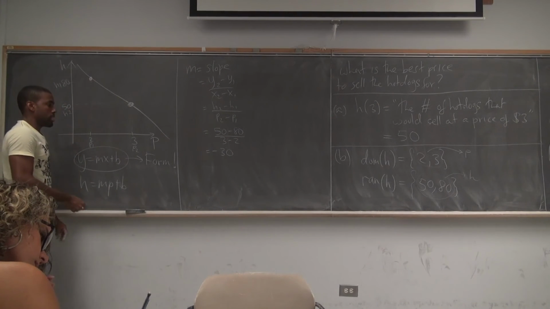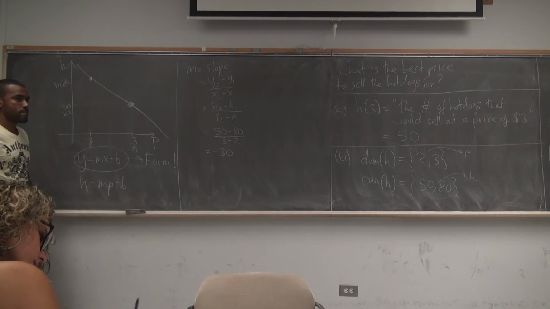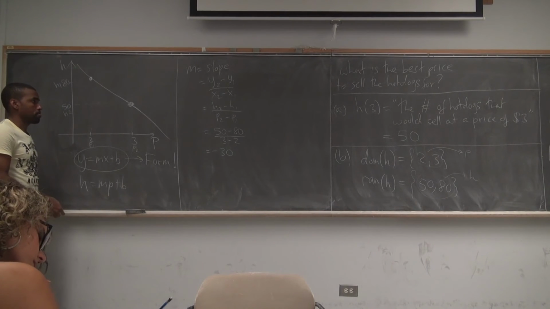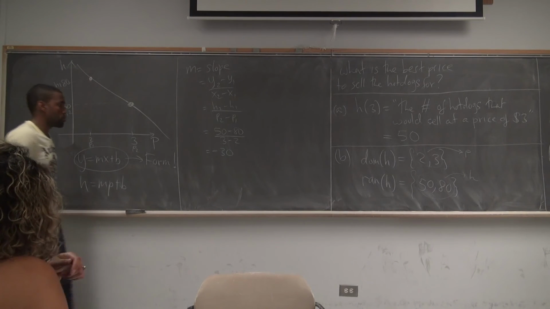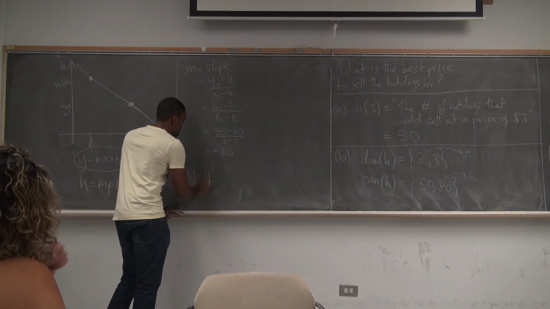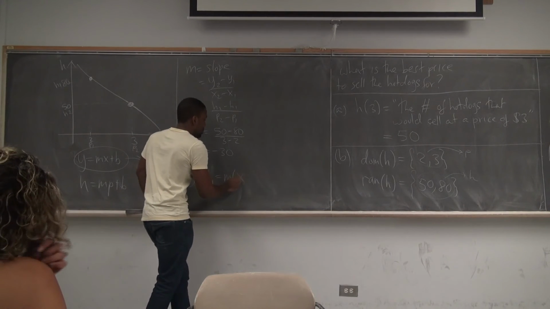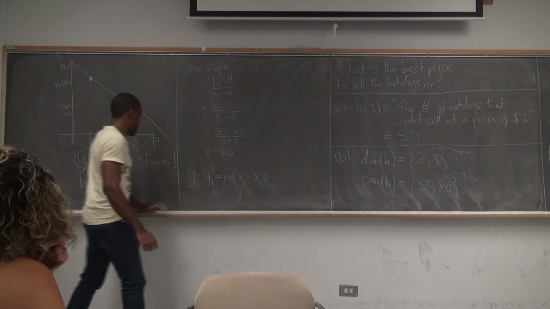Okay, now how do I get to the equation of the line? You can plug it into this. You can also use something like the point slope form. Remember there's an equation called y minus y1 equals m times x minus x1? I can just plug the numbers into that.